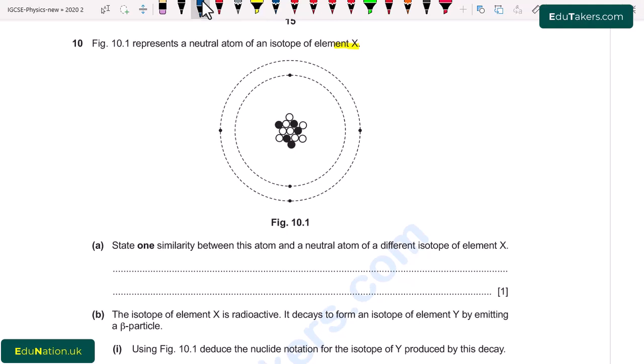We know that isotopes are those elements that have same atomic number but different atomic mass. So I write here isotopes have same atomic number but different mass number.